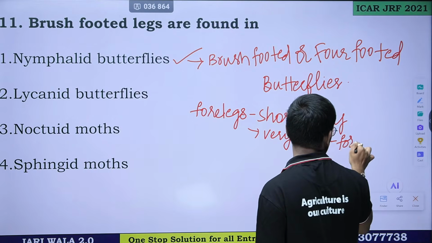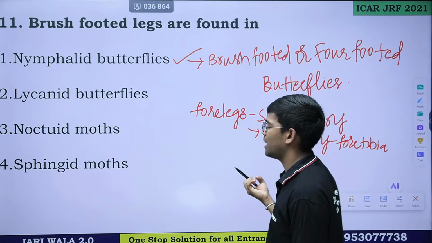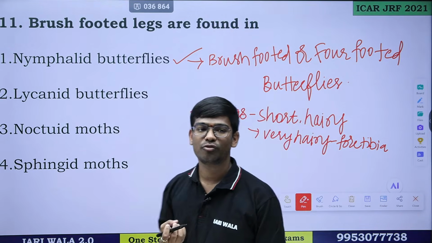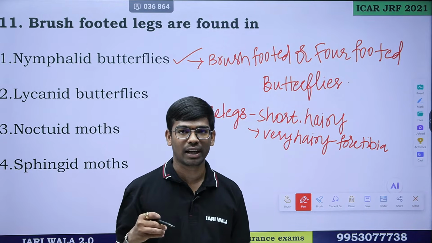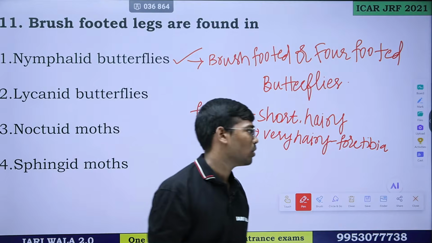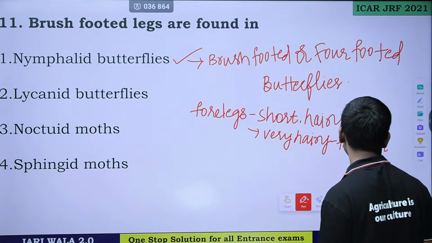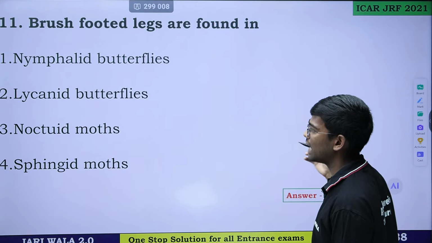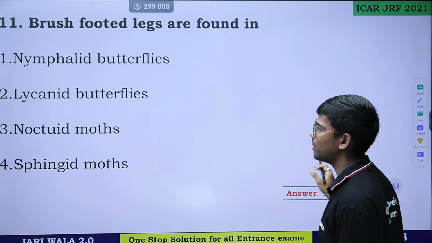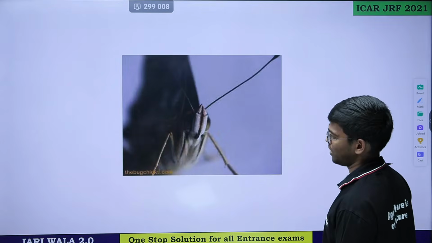So these hairs give the appearance of a brush, a hairbrush. That's why the name brush-footed legs or four-footed legs. Usually these are attached to the thoracic segments and are not useful in flight. So lycaenid butterflies are blue butterflies or copper butterflies, noctuid moths, sphingid moths, and here is the image.